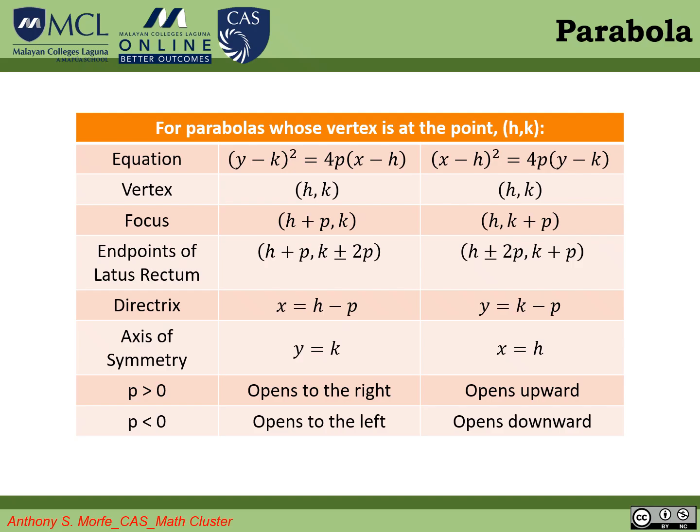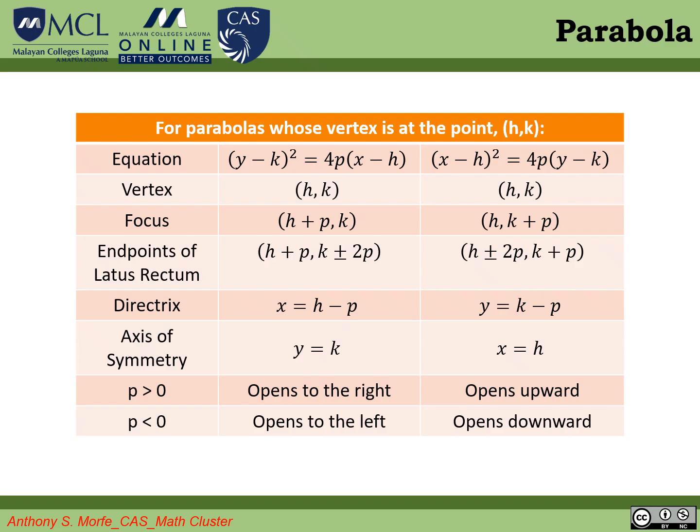Remember, for a parabola whose vertex is at coordinates hk, these are the two possible equations, class. If y is being squared, the parabola opens either to the right or left. For this one, the parabola opens either up or down.